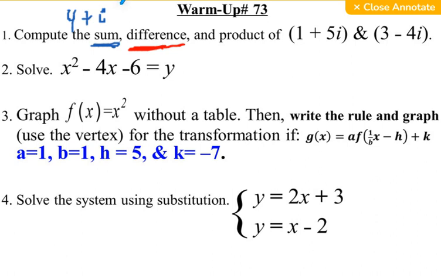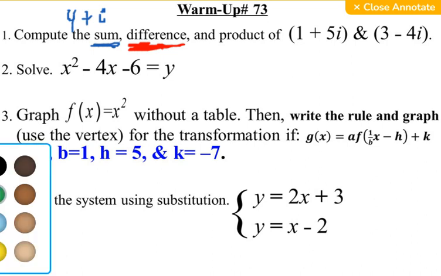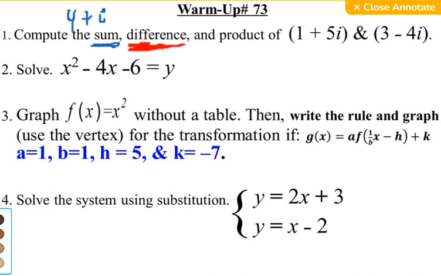Okay, we'll come back to you. Product. What'd you get for the product? Negative 2 plus 9i. That's what you said? Okay.